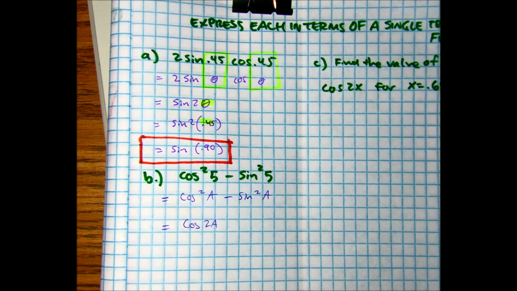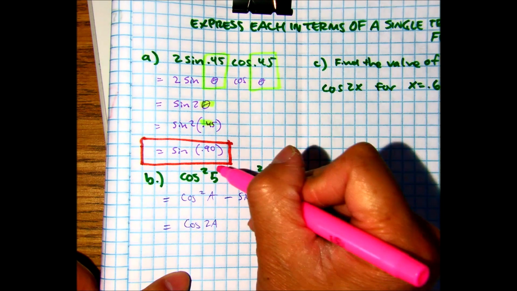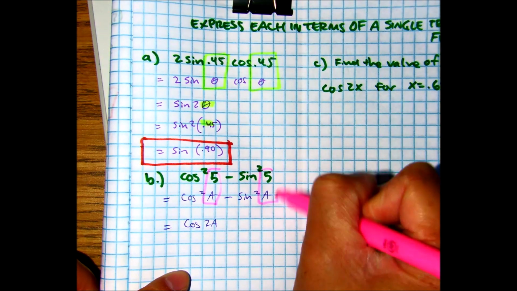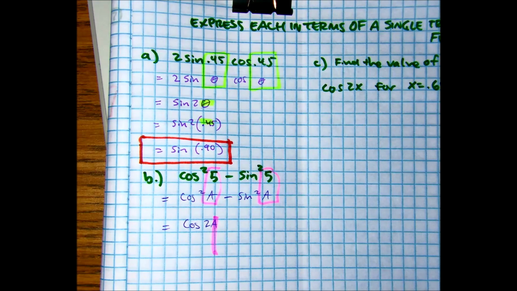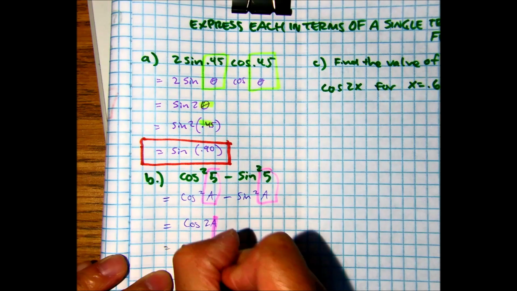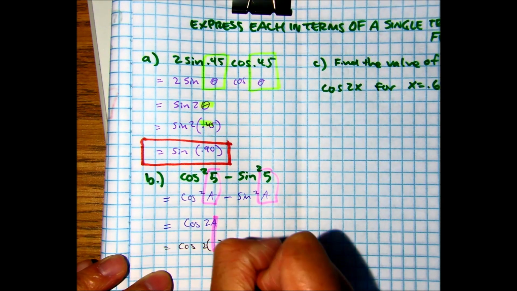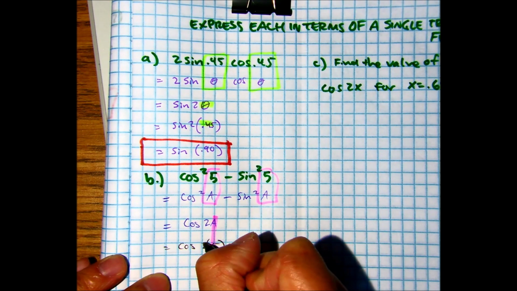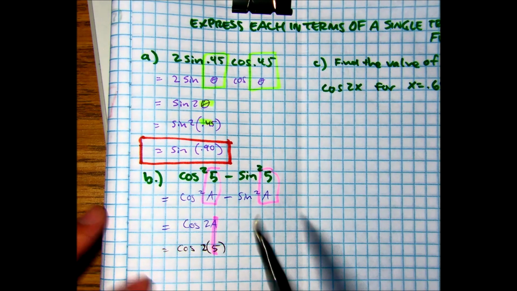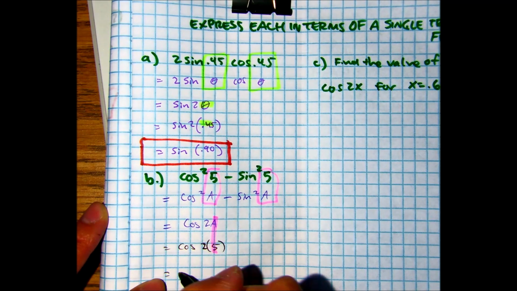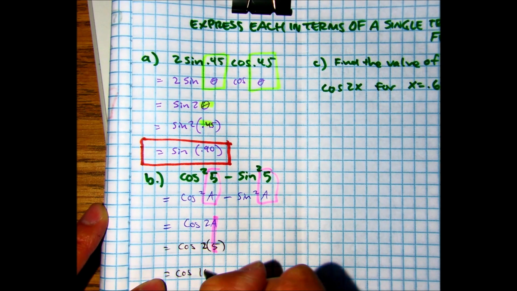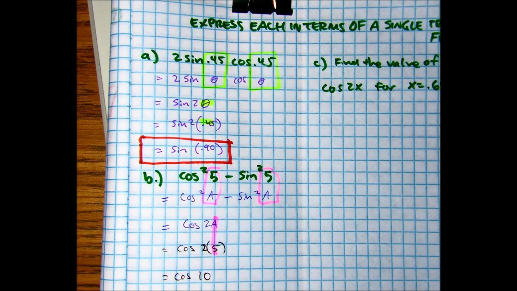That way I can see what the angle is. What's the angle? 5. Now I can write cosine 2 times what? 5. Now this 5 doesn't have degrees or anything, it's just an expression problem. So cosine of 10 is your answer.